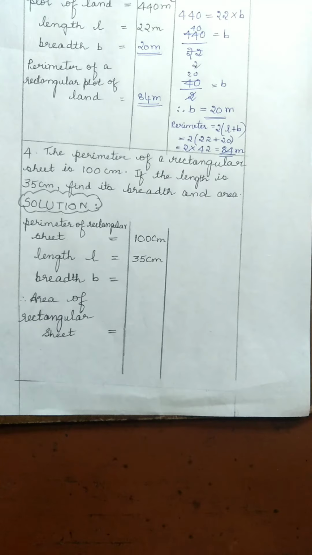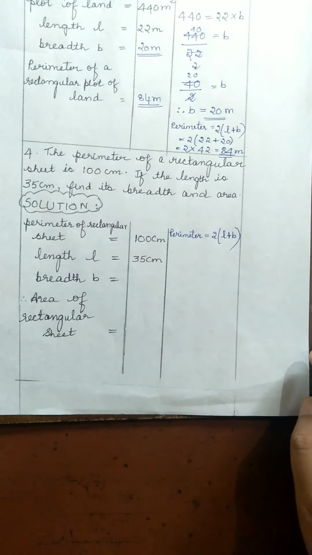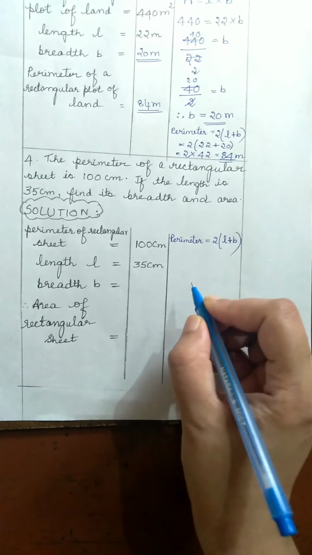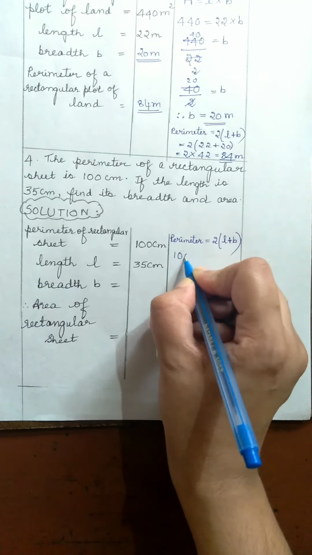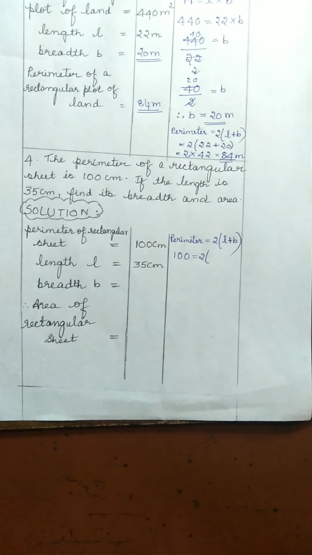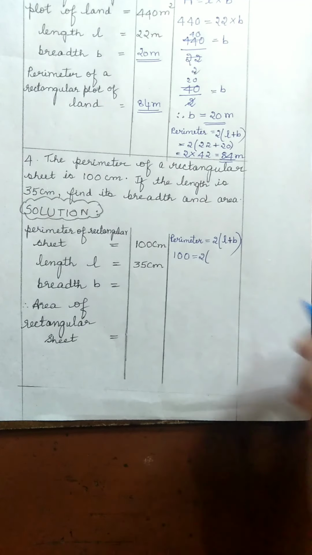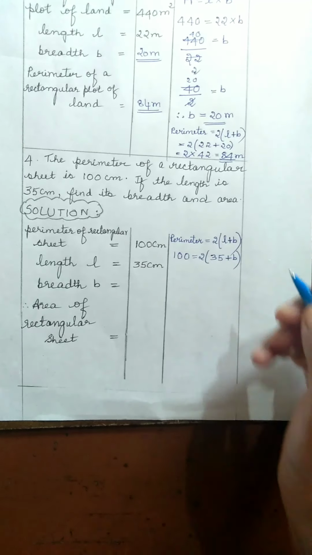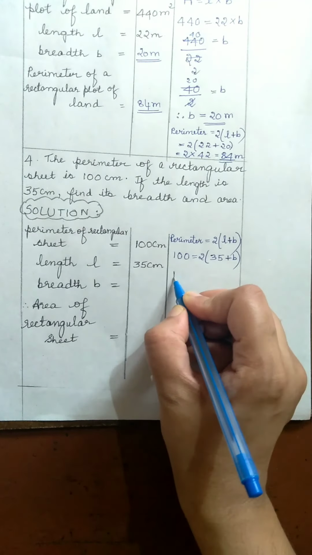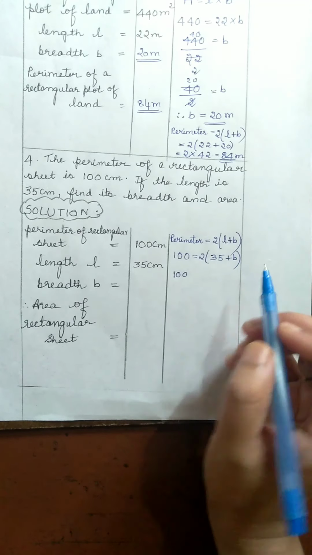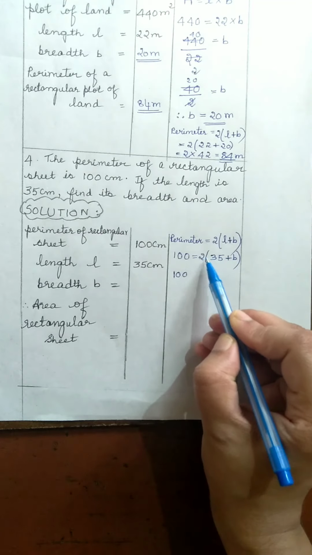Therefore, the perimeter value is 2 into L plus B. Now the perimeter measurement is given, that is equal to 100 equal to 2 into the value of length, which is given, that is equal to 35 plus B. So in the next step, children, 100, we have in the right side 2 into 35 plus B. So let us take this 2 to the left side.